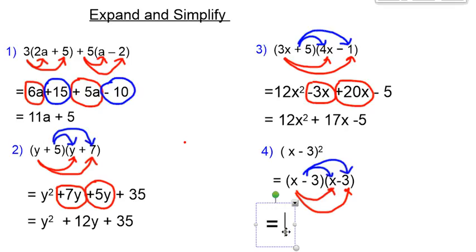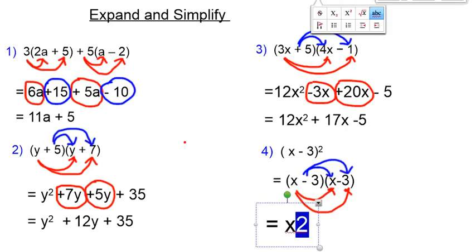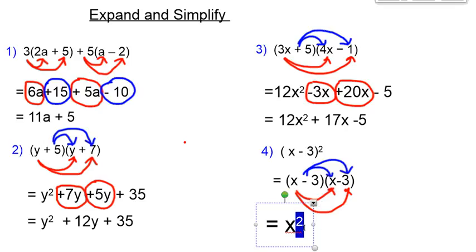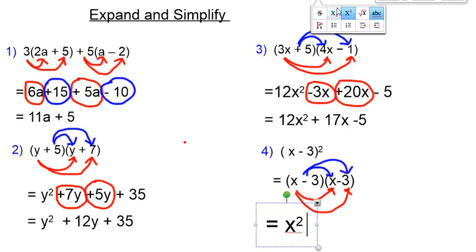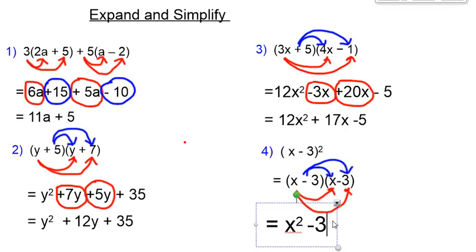So that will give us x squared, because x times x will give us x squared, like we did before. X times minus 3 will give me minus 3x. Watch out again, watch out for the signs. Now I'll do the top arrows.